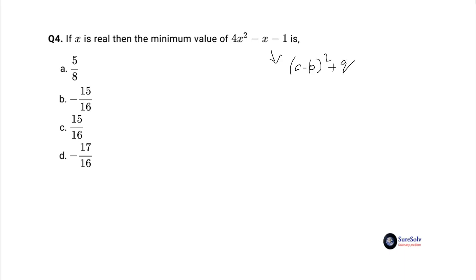With the 3-term expansion of the perfect square of some component in x, converted form of 4x square minus x minus 1 would then be (2x) whole square minus 2 into 2x into 1 by 4 plus (1 by 4) whole square minus 1 by 16 minus 1.